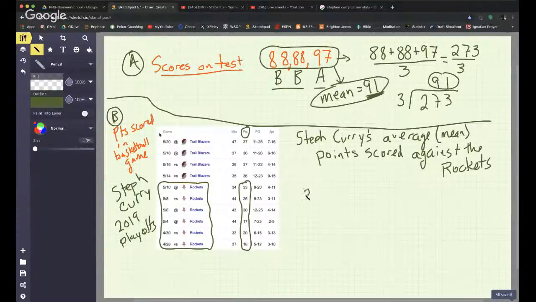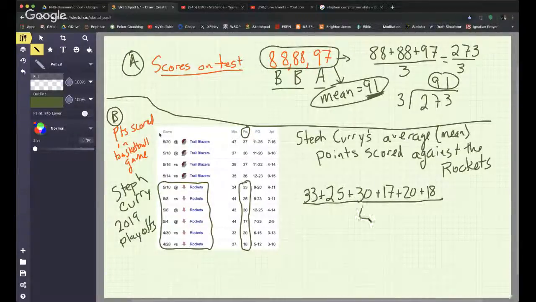Well, he scored 33 plus 25 plus 30 plus 17 plus 20 plus 18. We're finding the sum. And how many data elements are there? The number of elements is 6.